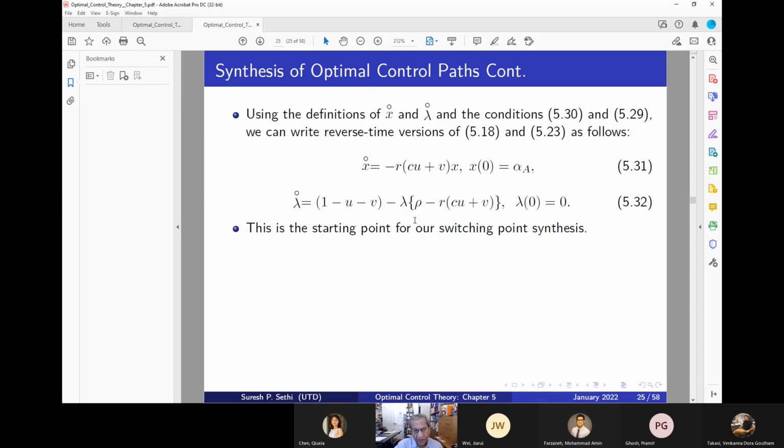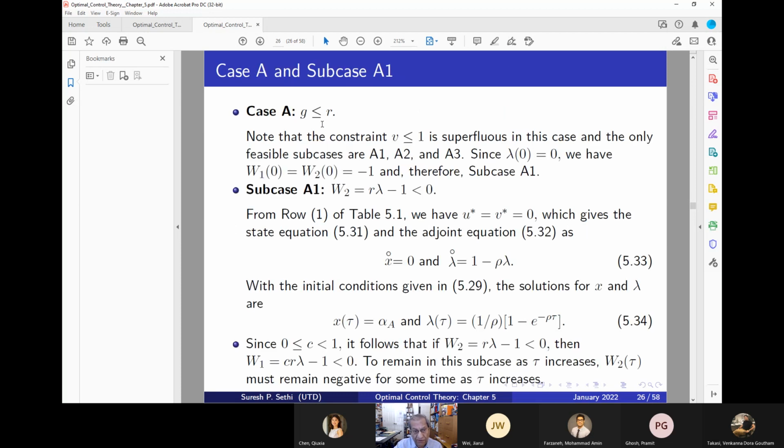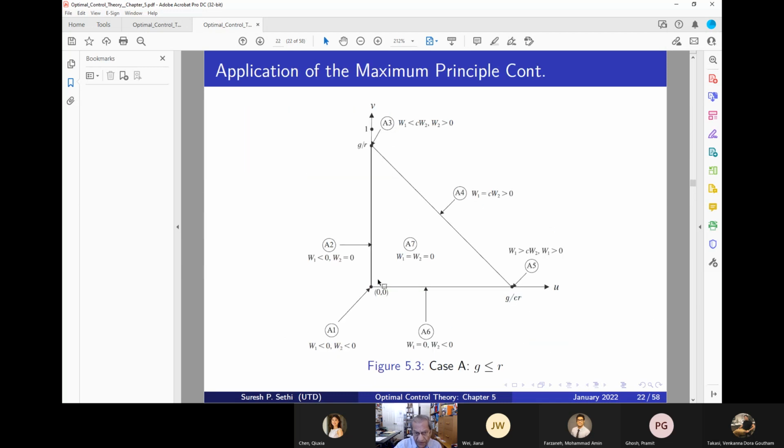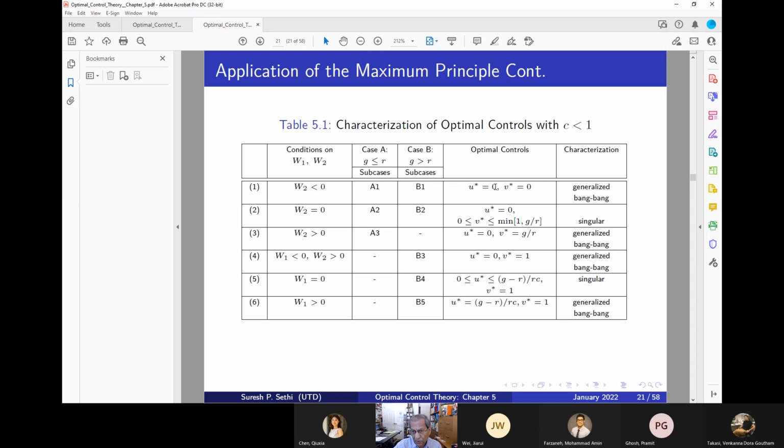Well, because lambda 0 is 0, this becomes 0. And because we know the W1 and W2 values when lambda 0 is 0, W1 and W2 are both -1. And when they are both -1, we know from the table or from the graph that U star and V star equal 0.